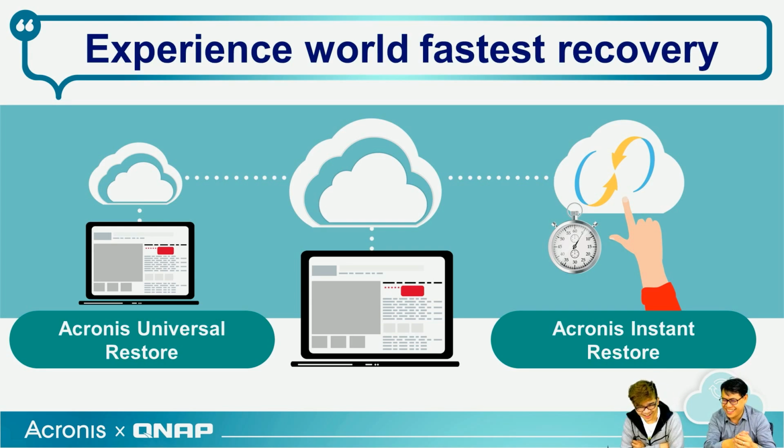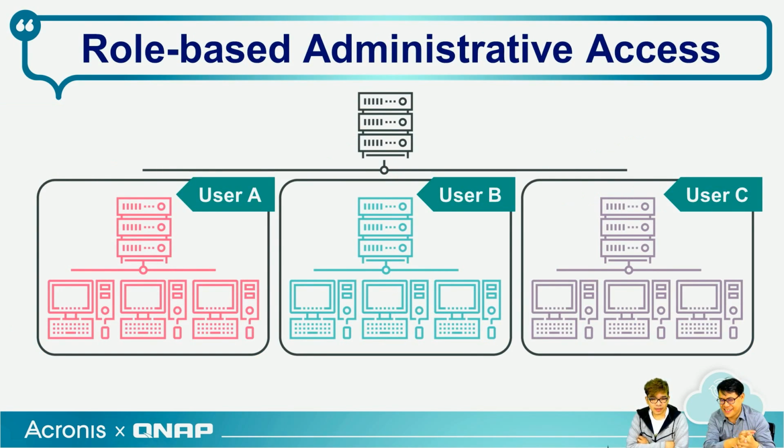Okay. So the next thing is the role-based administrative access. Like what you said, if I'm an IT of a center headquartered in Taiwan, but I have 3 different branches in Asia, Europe, and United States, I can also use Acronis to manage their backup.